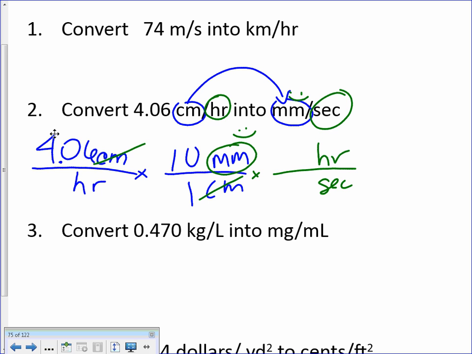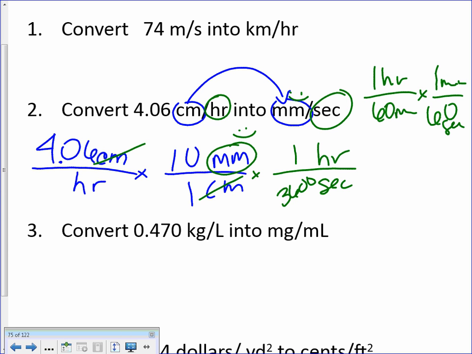And then what's that conversion? Good. 1 hour has how many? I heard it earlier. 3,600? Because technically 1 hour has 60 minutes, and then in 1 minute there's 60 seconds. So 60 times 60 is 3,600.